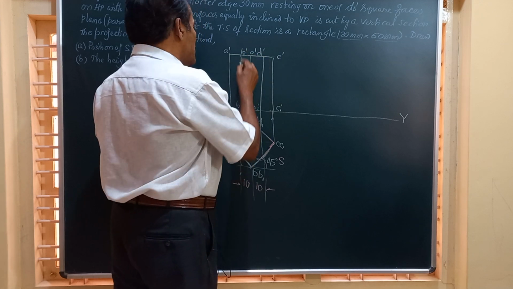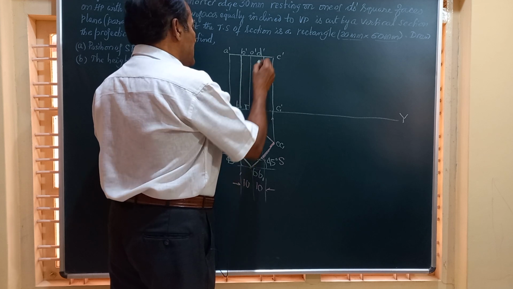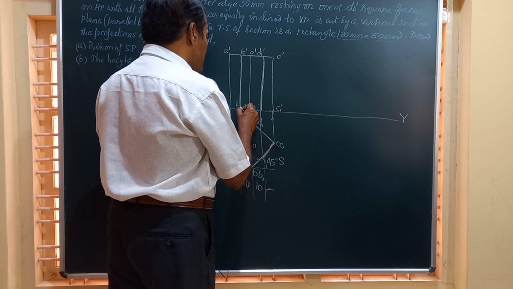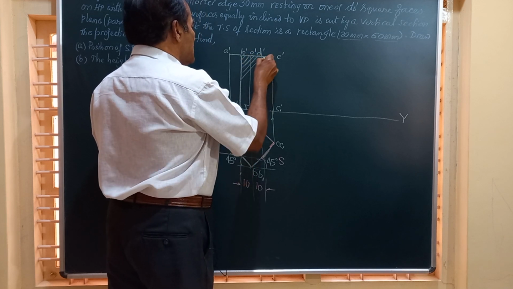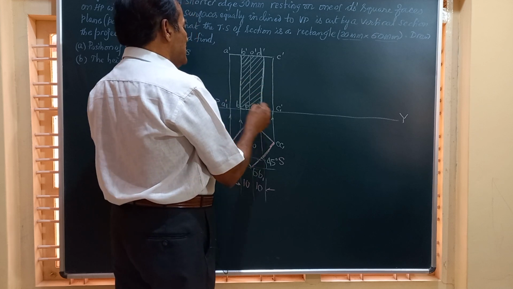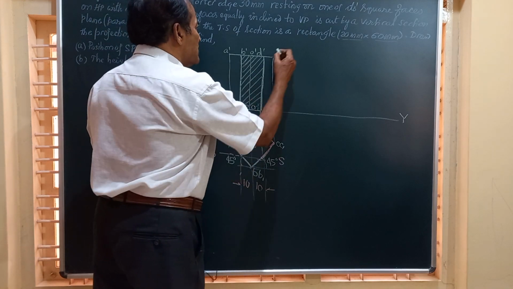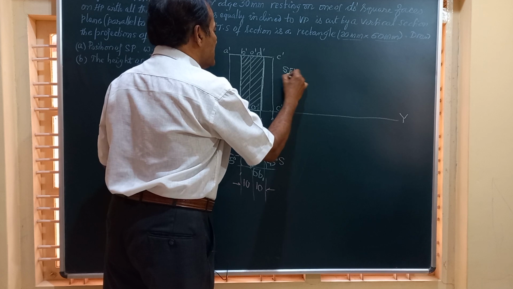So I am going to darken this part of the solid that is true shape, which is a rectangle of 20 by 80. So this portion of the solid is going to be hatched or sectioned here. And friends, you are getting this front view with this section. So I can call this sectional front view, that is SFV.